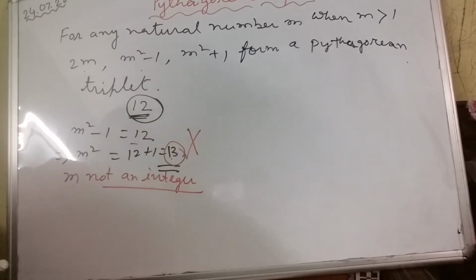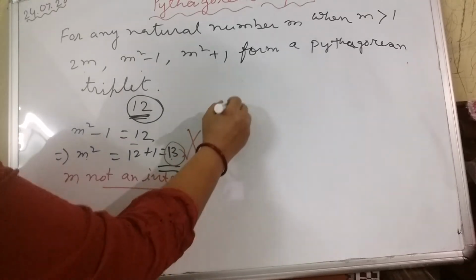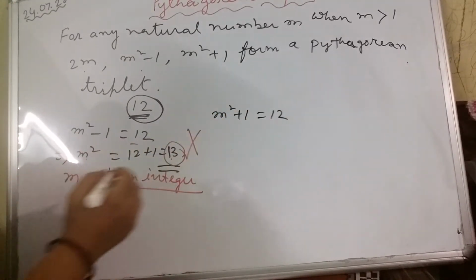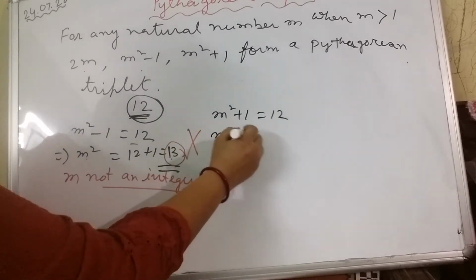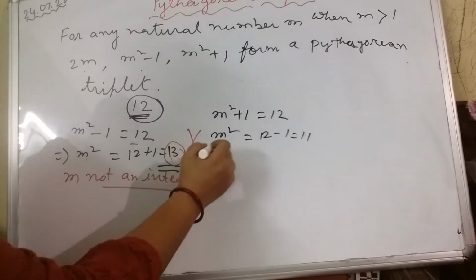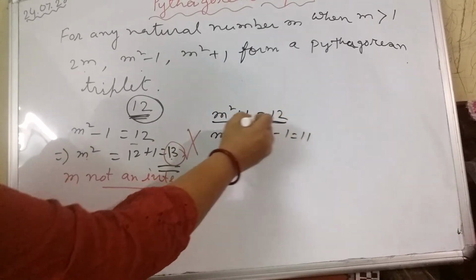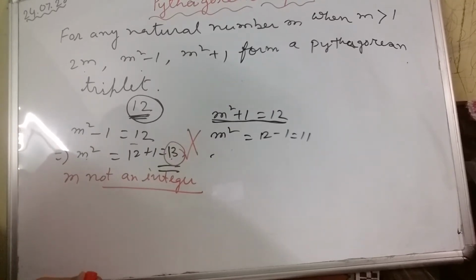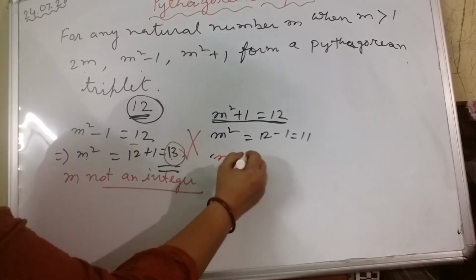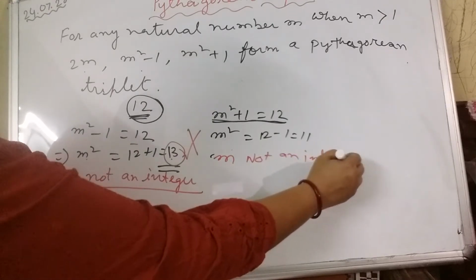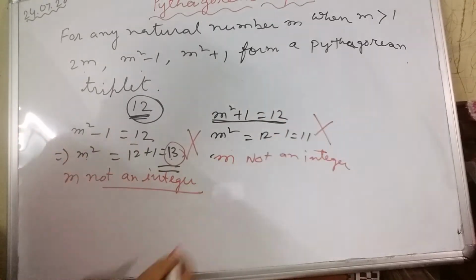If I take m square plus 1 equals 12, m square will be 12 minus 1, that is 11. Again, if you take this relation, m is not an integer. Okay, so we cannot use this also.